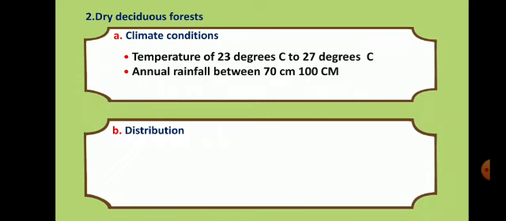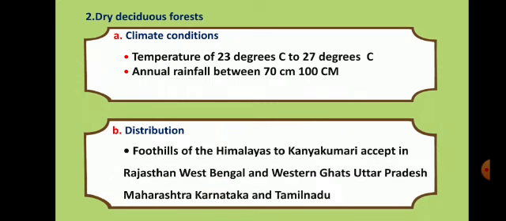Distribution, you can see this type of forest can be seen in the foothills of the Himalayas to Kanyakumari, except in Rajasthan, West Bengal, and Western Ghats, Uttar Pradesh, Maharashtra, Karnataka, and Tamil Nadu.